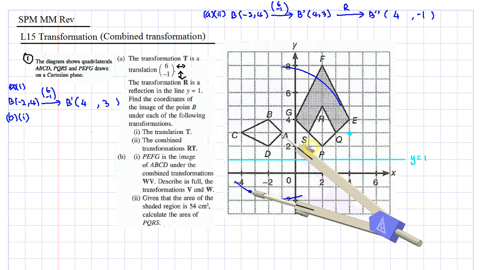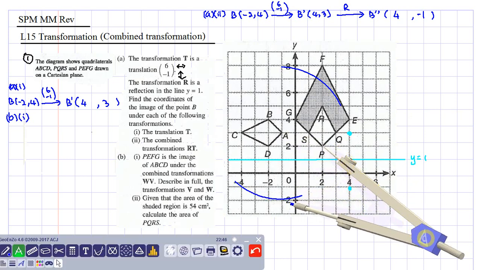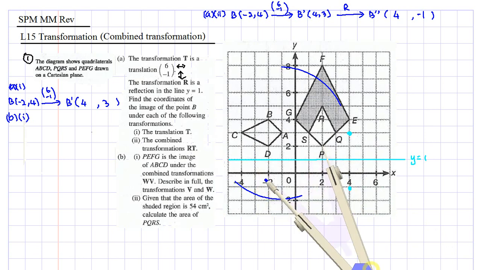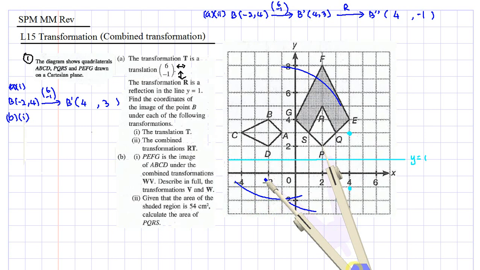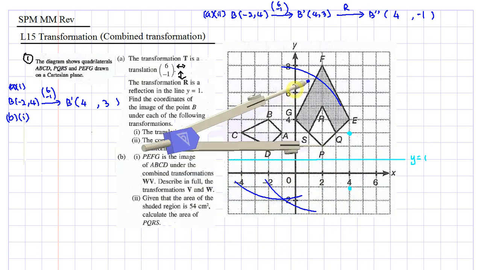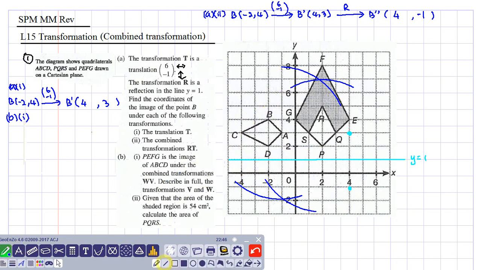Then move over here, place at P. Next you just connect these 2 points together.